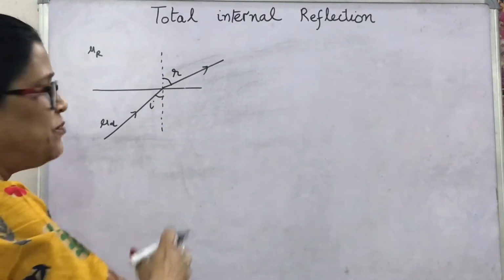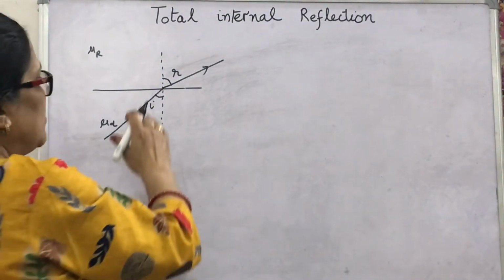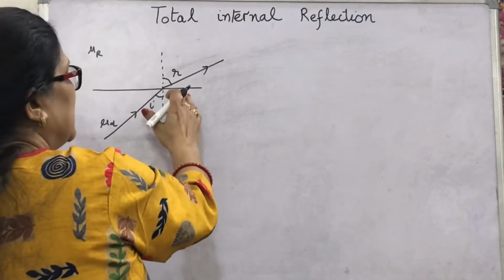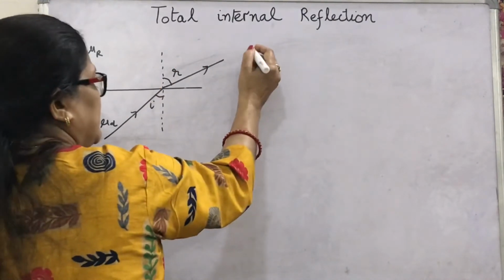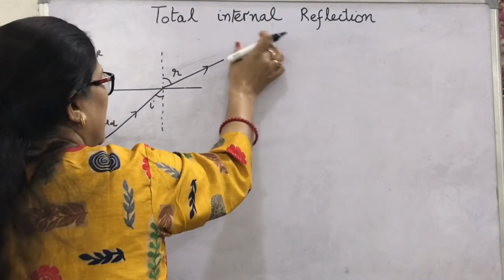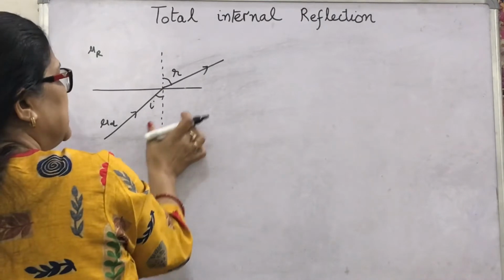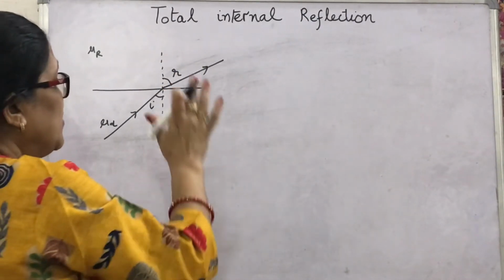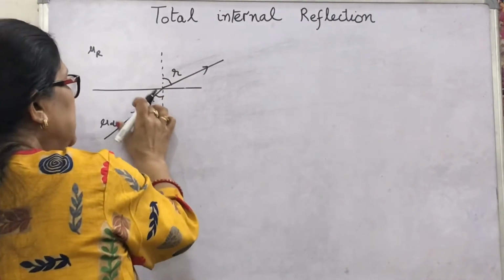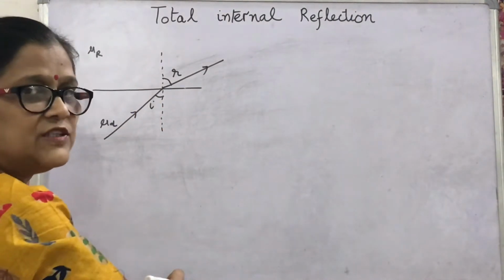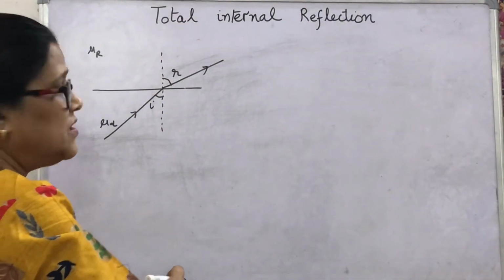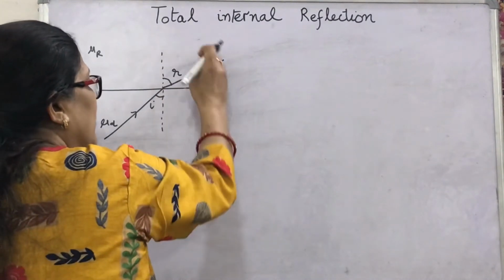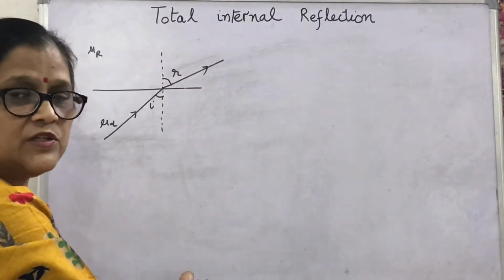Okay, simple refraction. What is the law here? Snell's law, that is the refractive index of this medium with respect to the first is sin i upon sin r. But if you increase the angle of incidence in the denser medium, what will happen? The angle of refraction in the rarer medium will also increase.